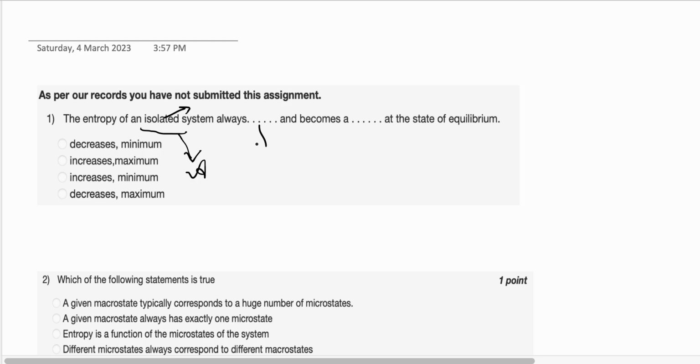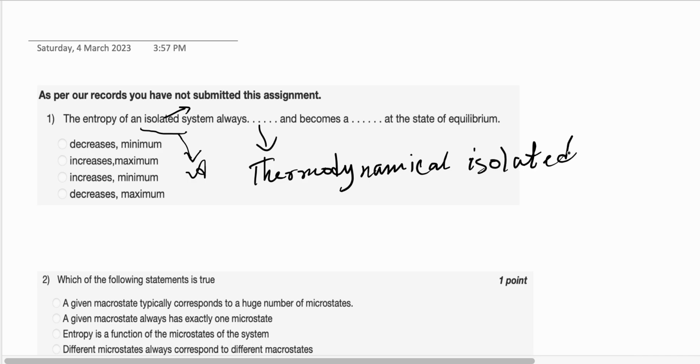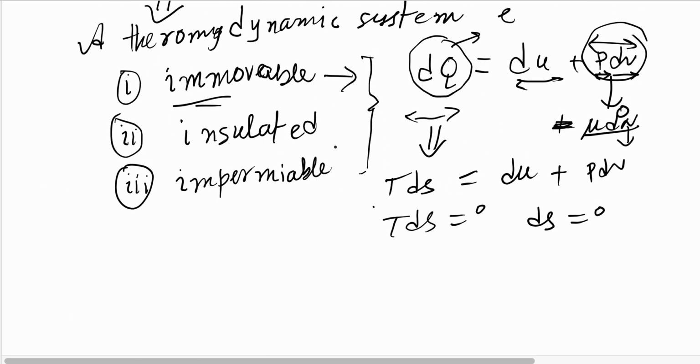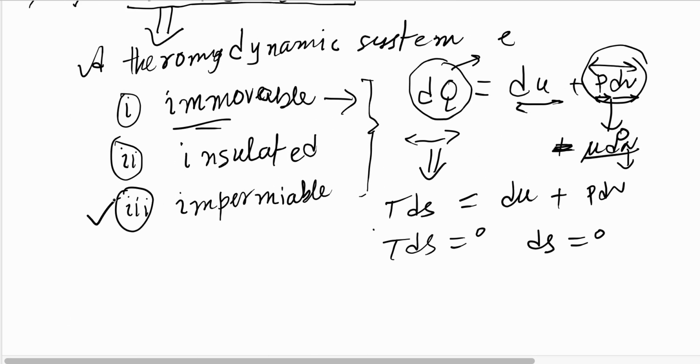The question means isolated in the thermodynamic sense, thermodynamically isolated. What does it mean? Thermodynamically isolated means the walls are impermeable and insulated, so no heat can go through these walls and no particles can be exchanged.